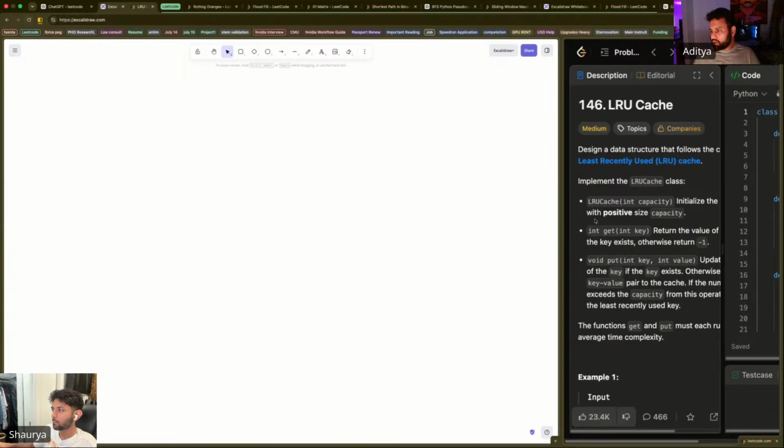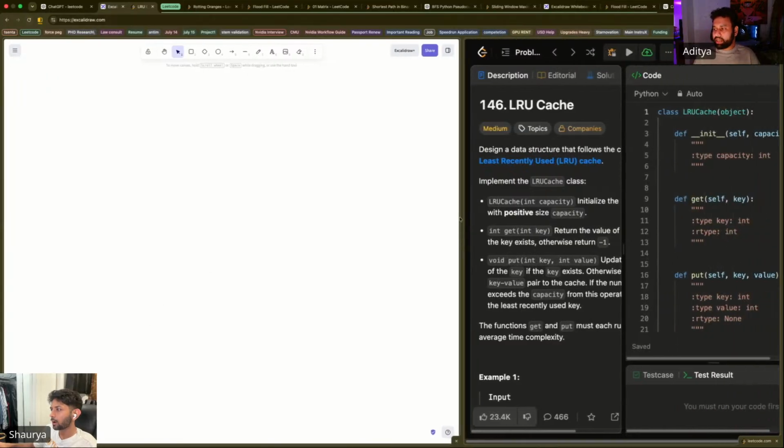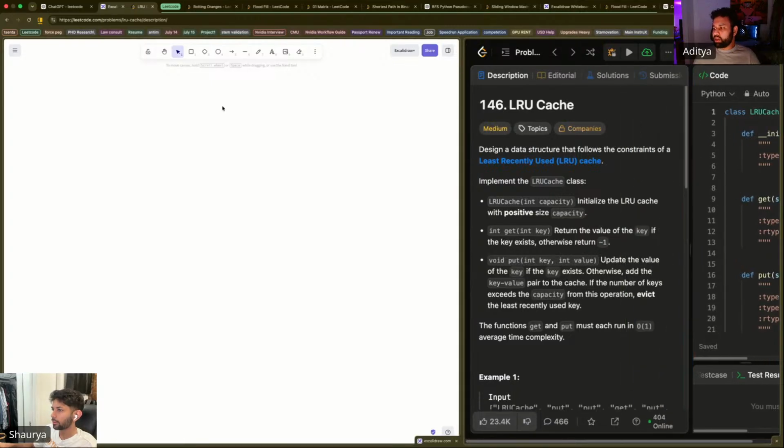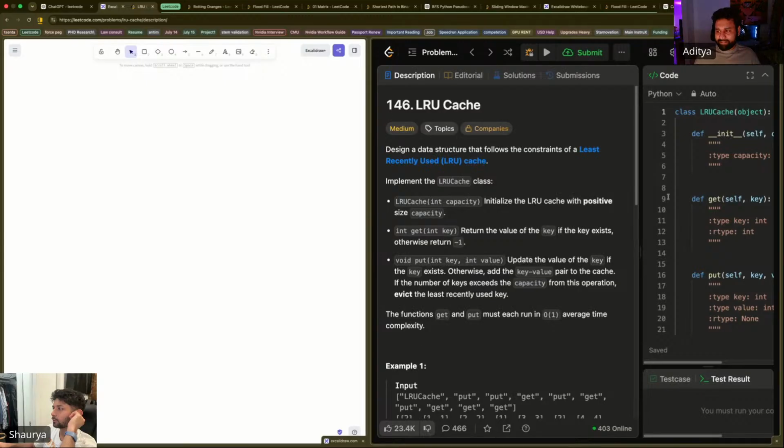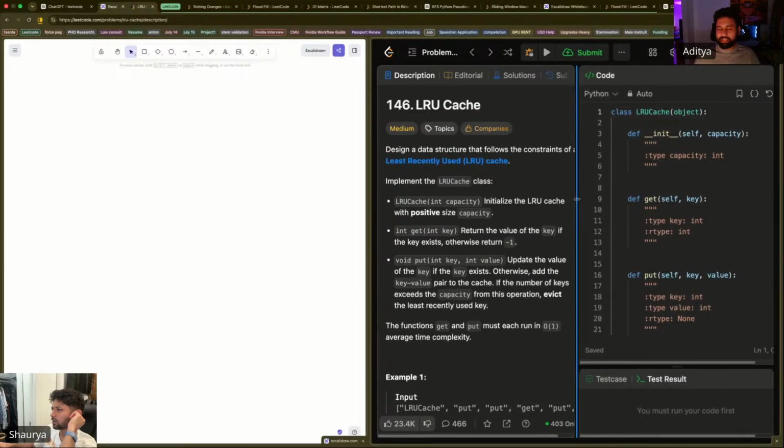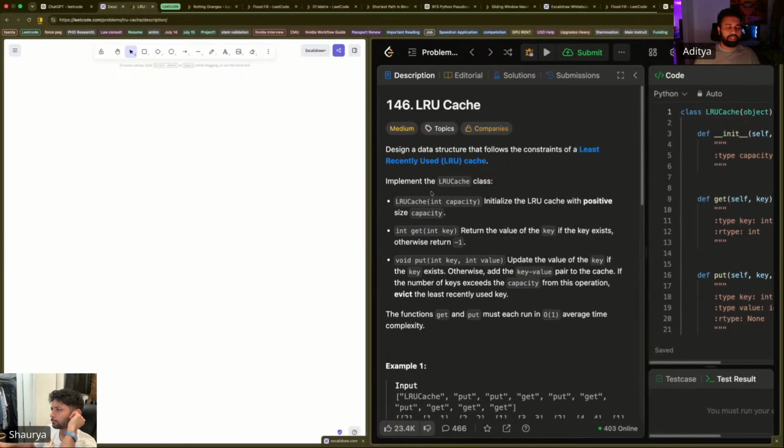I know what the LRU algorithm is, but they are saying just design a data structure that follows the constraint of this. And by data structure, they mean like an object-oriented class. And implement LRU cache class, LRU cache int capacity, initialize LRU cache with positive size capacity.